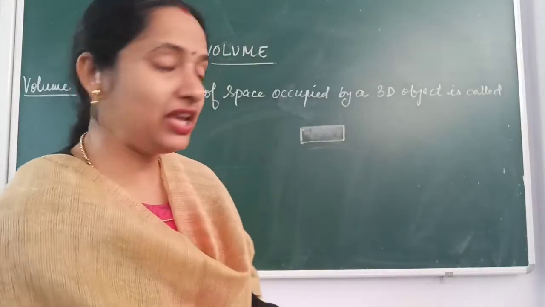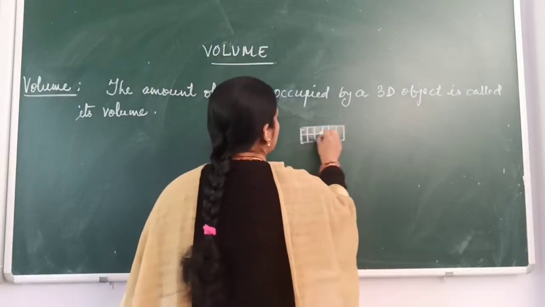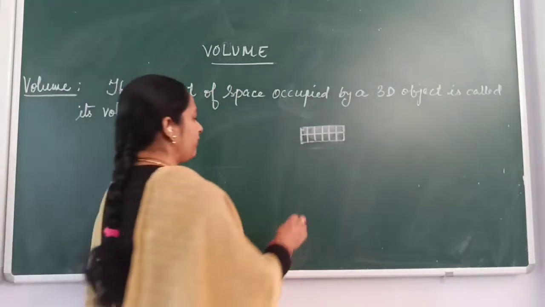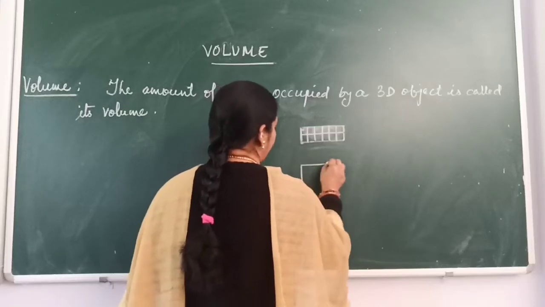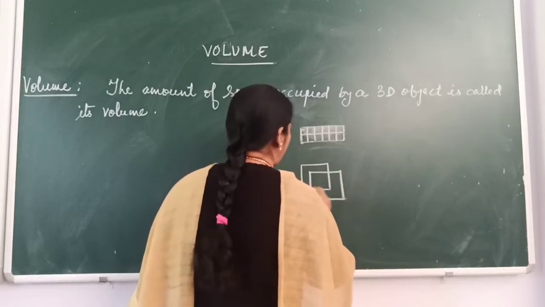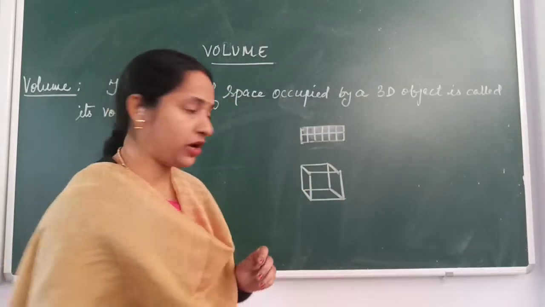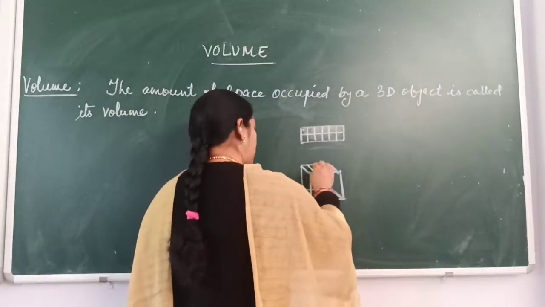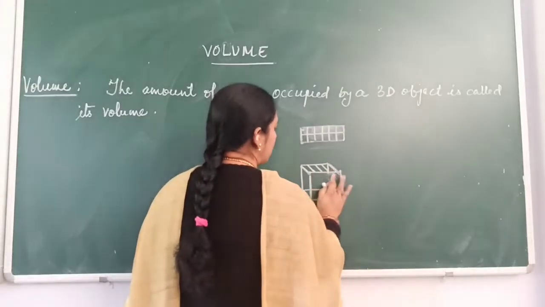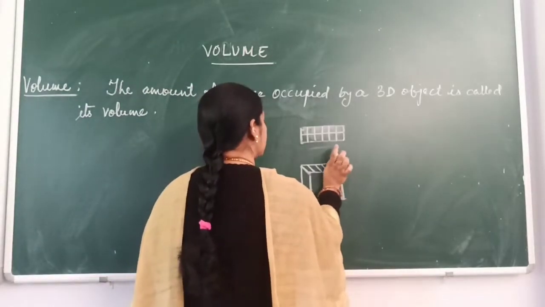Now, as we learned to find the area of any flat face by dividing it into some unit squares, similarly, if any solid or 3D object is there, we can divide that 3D object into some equal number of cubes and find its volume.